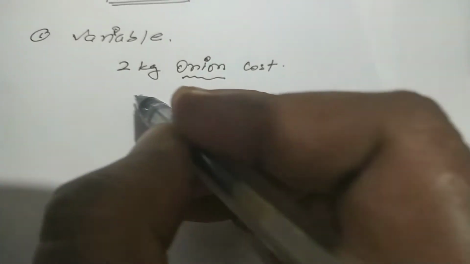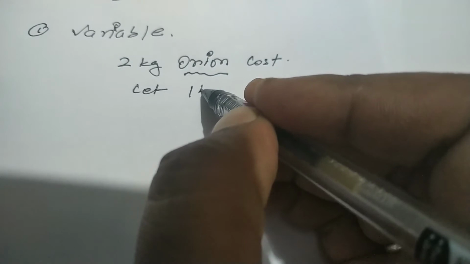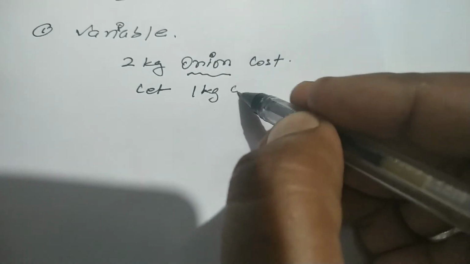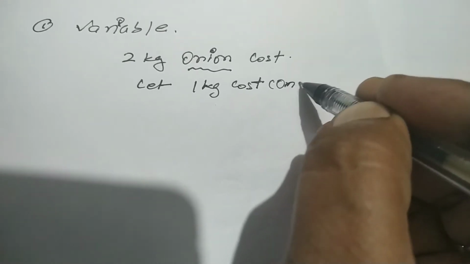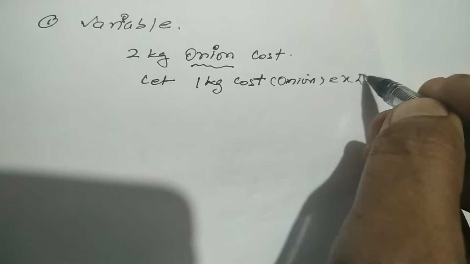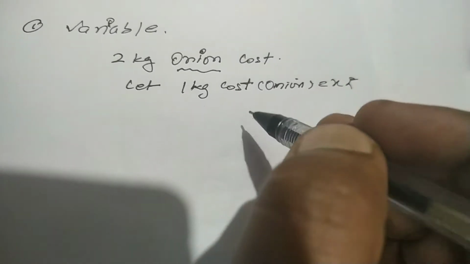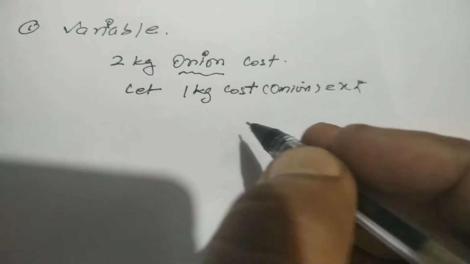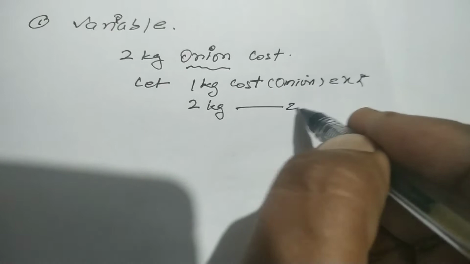But in mathematics we write: let the 1 kg onion cost be x rupees, and then the 2 kg onion cost is 2x rupees.